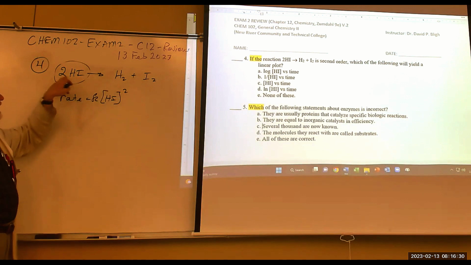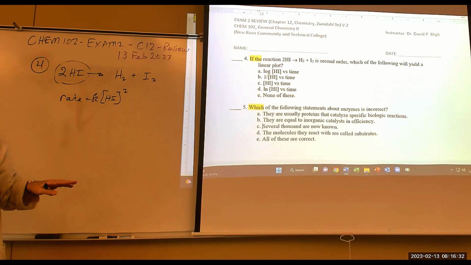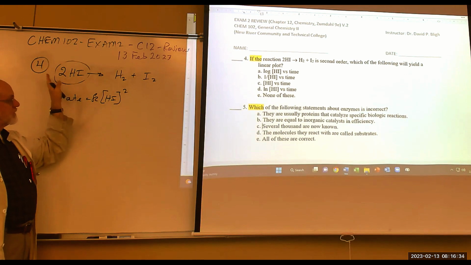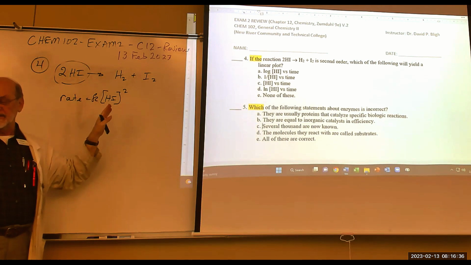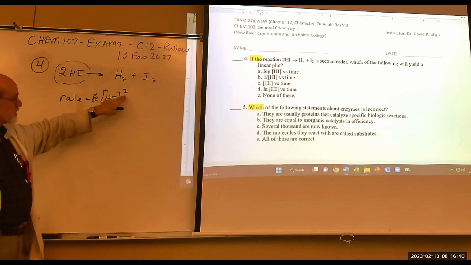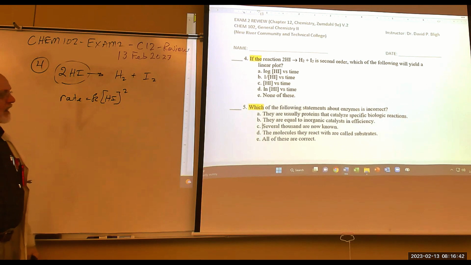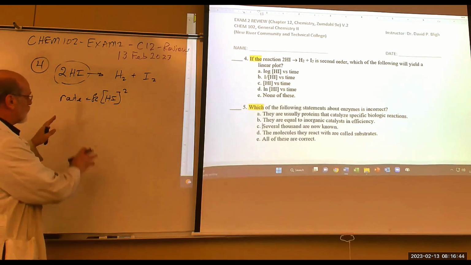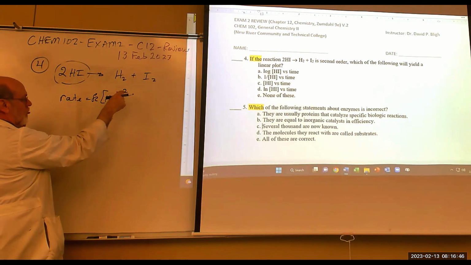Now, this 2 and that 2 are coincidence. They bear no relationship to one another because we haven't described a mechanism. So this is experimentally determined. Which plot will give us a linear for second order?